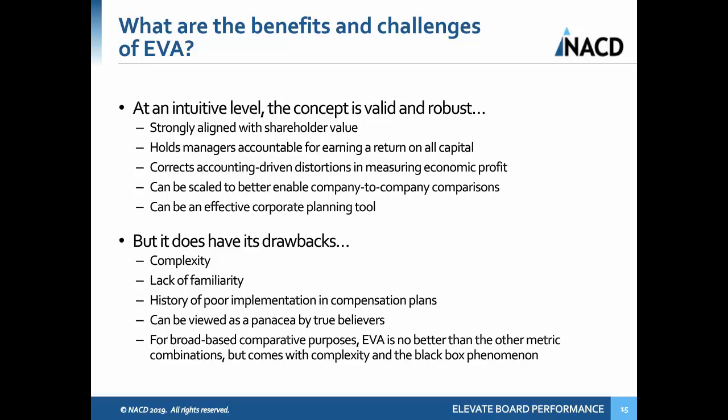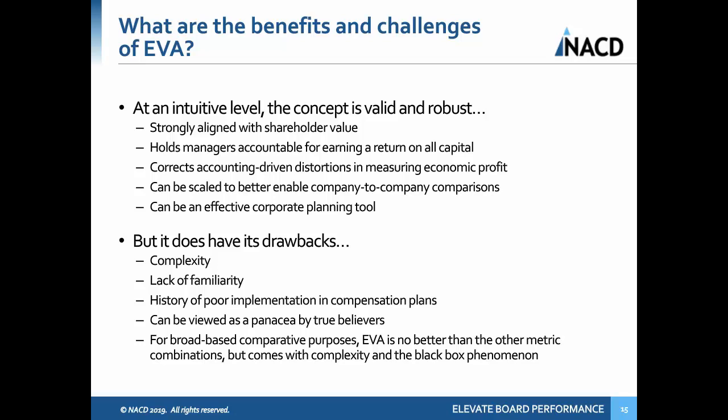And it can be a very useful tool for corporate planning as well as financial goal setting. I'll pause here and say, when I think about the clients I work with today, I have about 1 out of 12, 1 out of 13 of my clients that are actively using EVA in incentive compensation, but about half are explicitly using EVA modeling as part of the goal-setting process itself. So it can be a very useful tool for that.